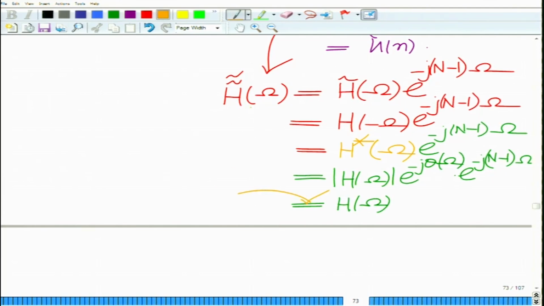Because h of capital N minus 1 minus small n equals h of small n. So, we have h double tilde omega equals h of omega, this is from the symmetry of the filter.